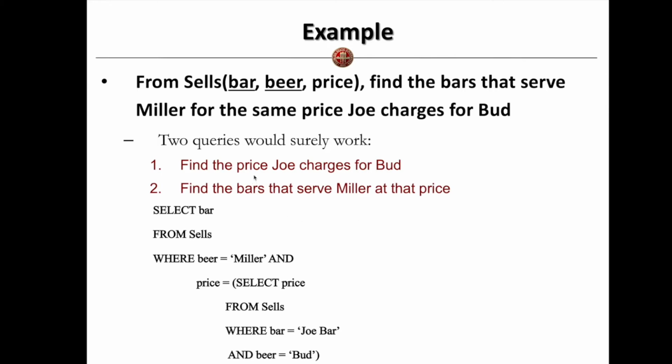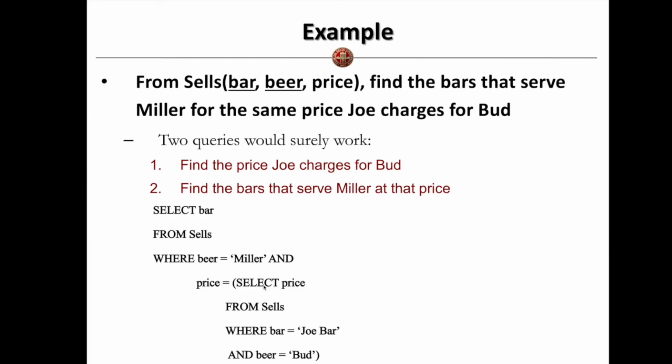So to find the price that Joe's bar charges for Bart, we can write down the select from where statements as shown at the bottom. We select price from the sales table where bar equals Joe's bar and beer equals Bart. This statement will return the price that Joe's bar charges for Bart, right? And at the same time, we can also guarantee the return result contains one single column and one single row.